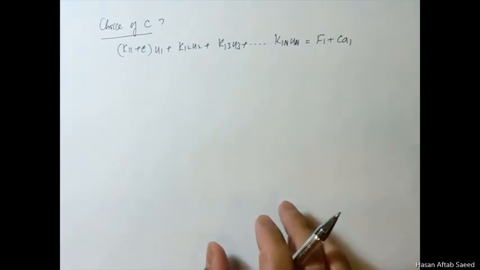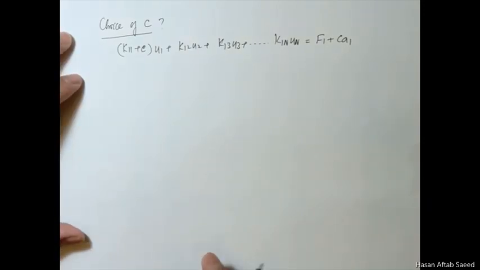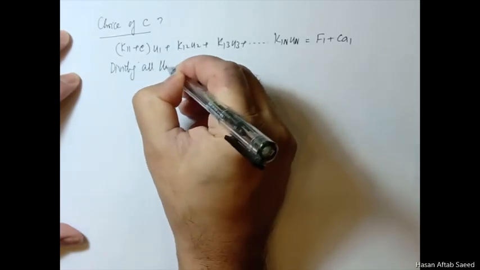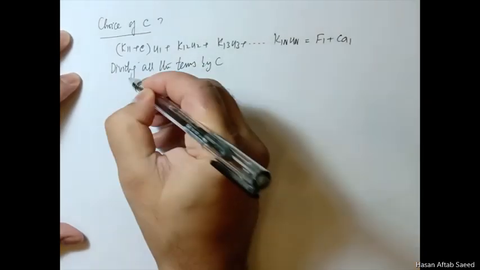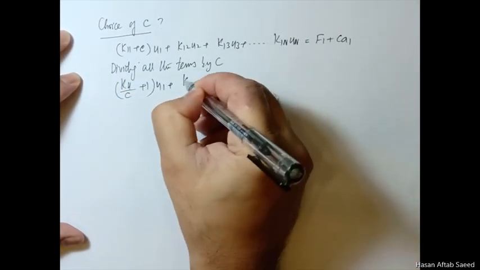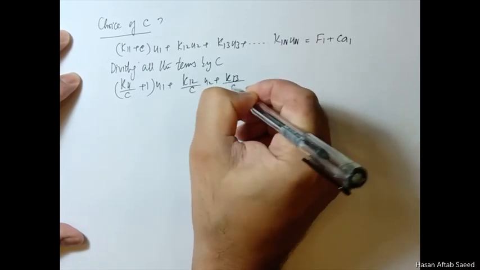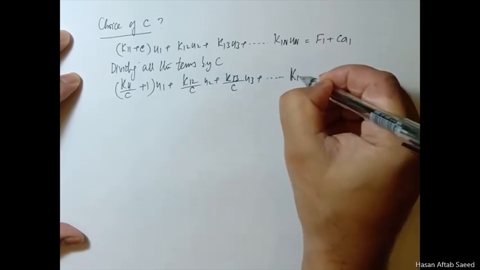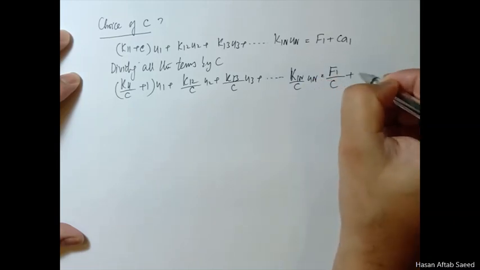Now, if we divide all the terms by C, then we get (K11 over C plus 1) u1 plus K12 over C u2 plus K13 over C u3, then you have K1n over C un is equal to F1 over C plus a1.